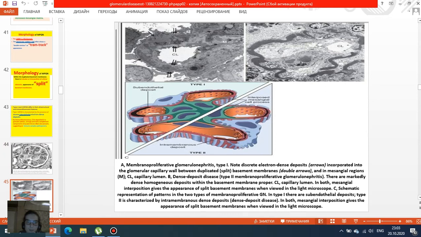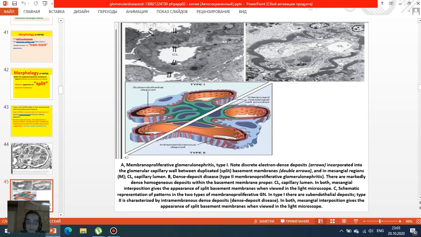Here, picture A, membranoproliferative glomerulonephritis type 1, showing discrete electron-dense deposits incorporated into the glomerular capillary wall between split basement membranes, double arrows, and in mesangial regions here, M, capillary lumen.